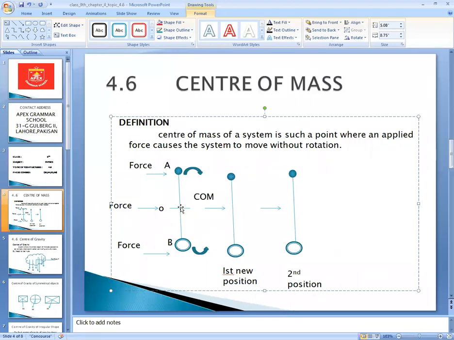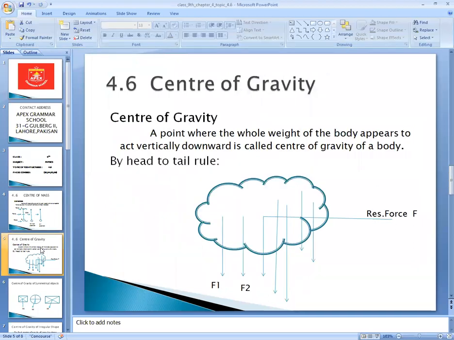Now I move towards the subtopic of center of mass, which is called center of gravity. Center of gravity is basically similar to the center of mass. Let me read the definition for you, also on page number 94 of your 9th class textbook.